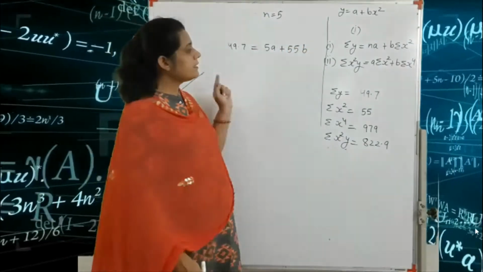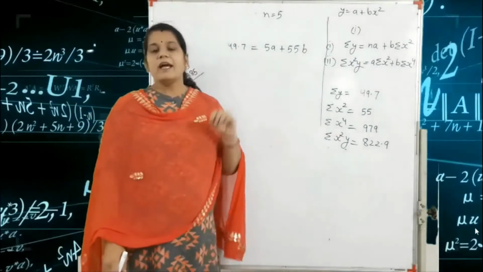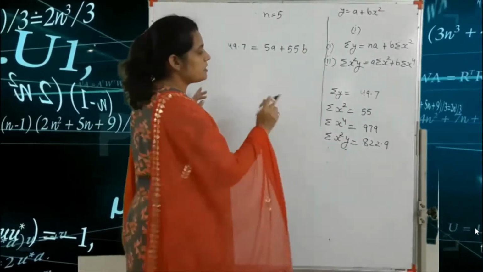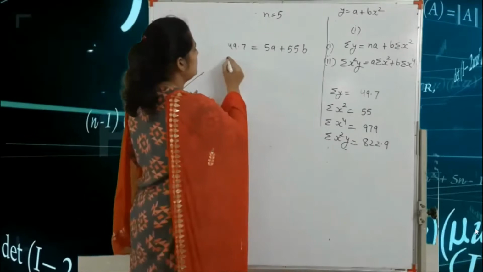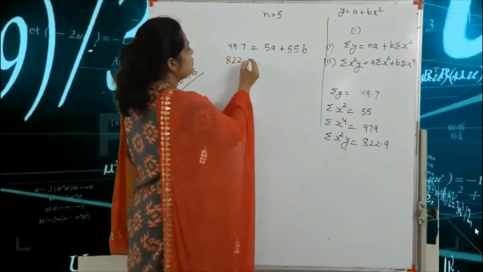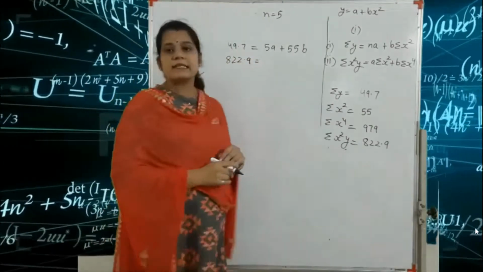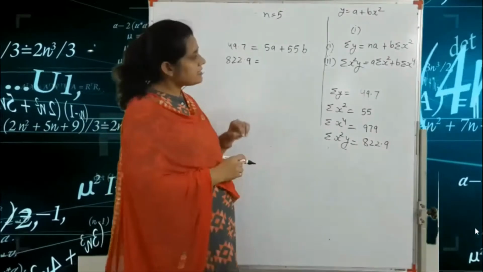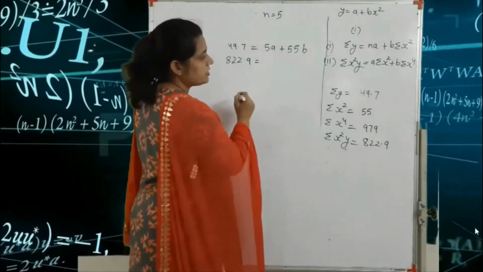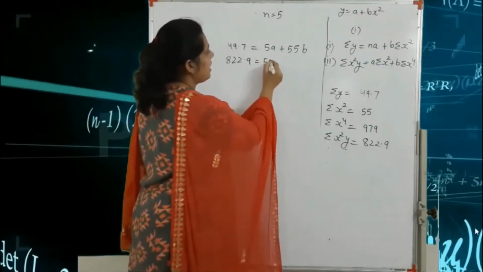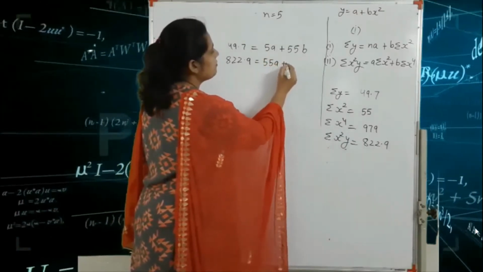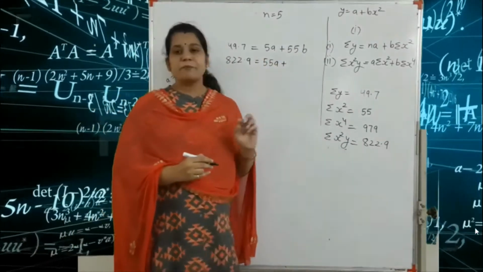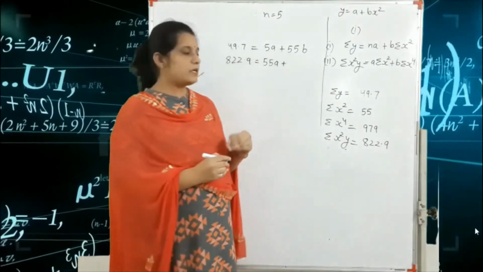And our second equation is summation x square y. So summation x square y is equal to 822.9 is equal to a summation x square. So a summation x square is equal to 55. So we write here 55a plus b summation x raised to the power 4.